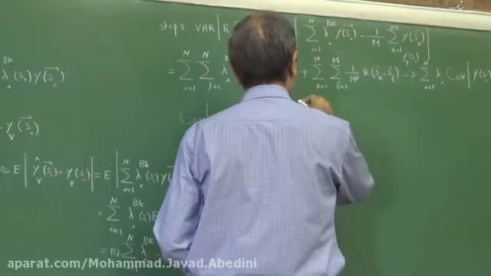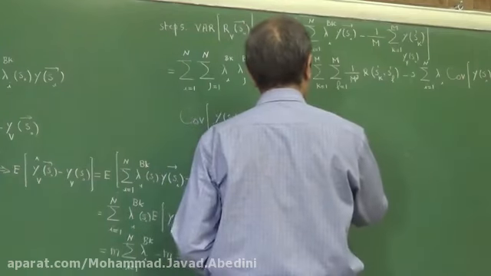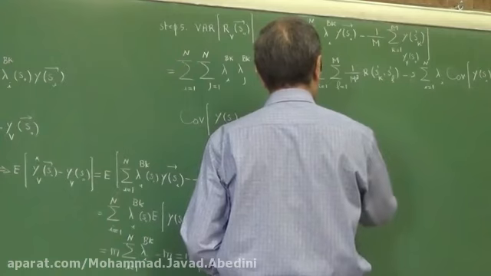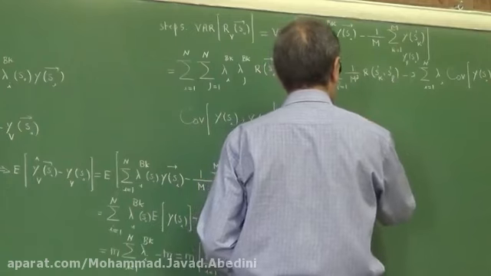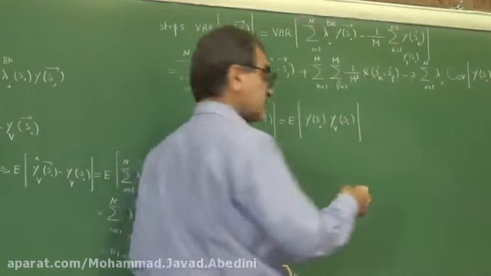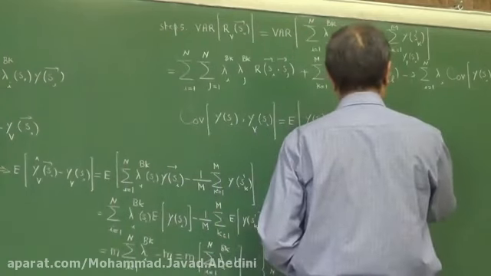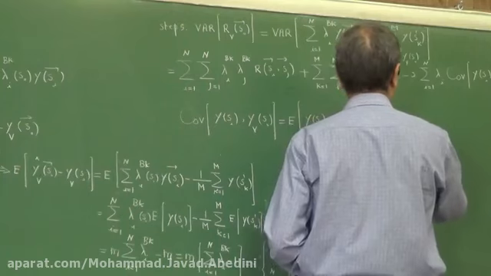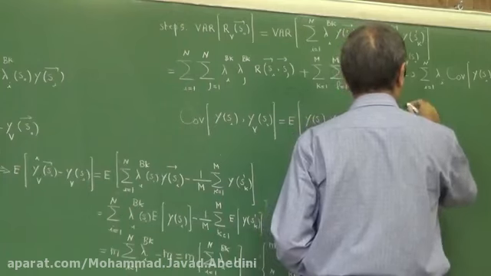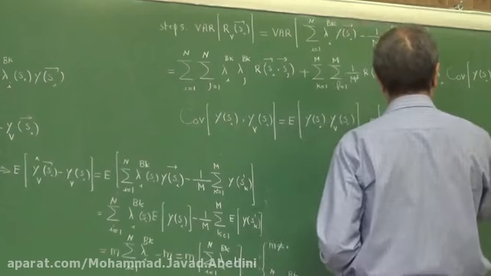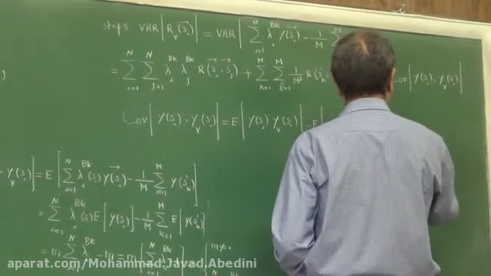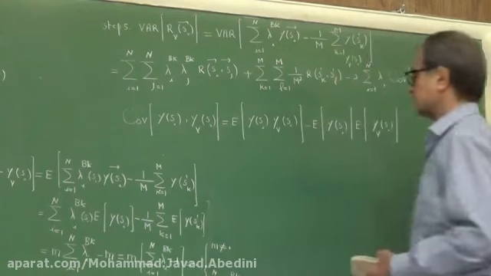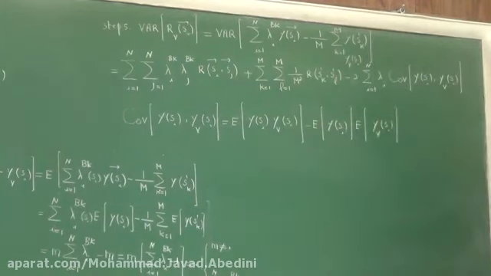Expected value of y at Si times y over block B indexed at S0, minus expected value of y at Si times expected value of y over block B indexed at S0. That is how to compute covariance between two random variables.